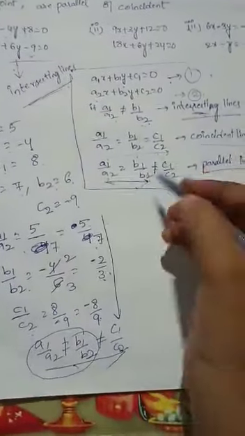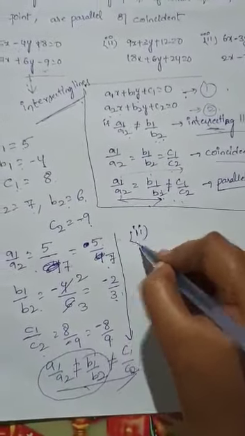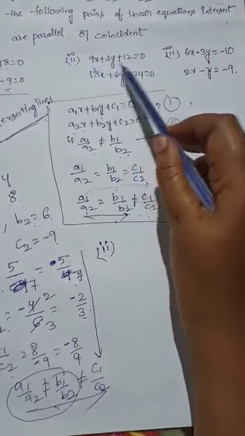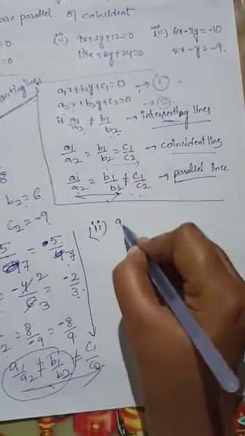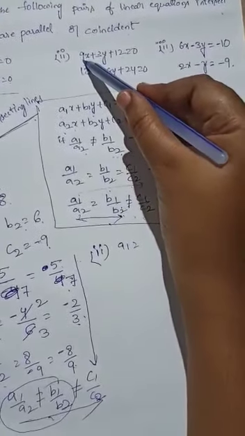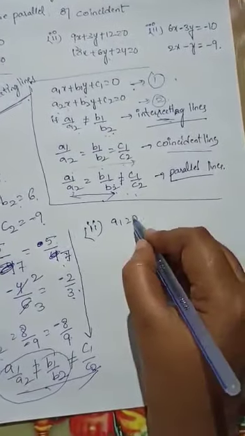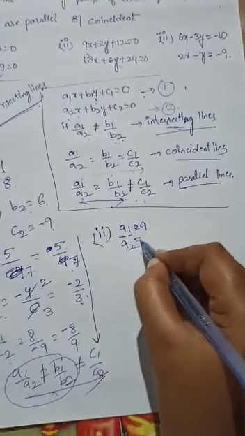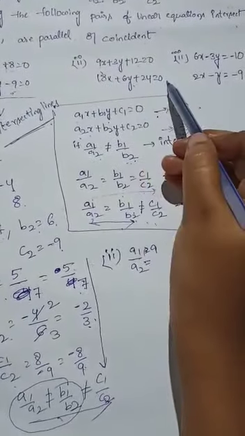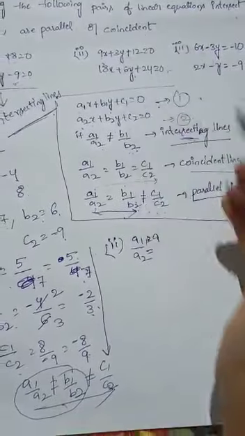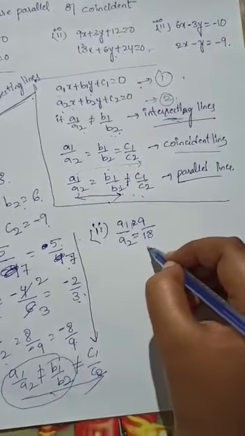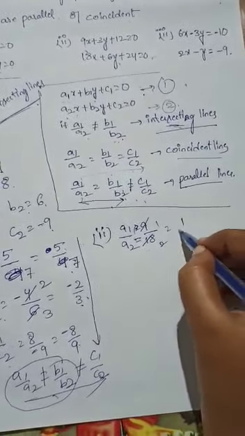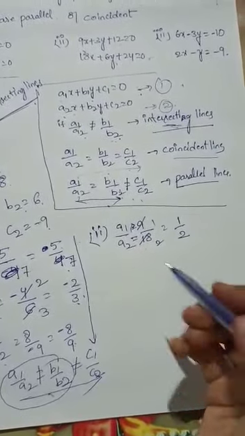Next, second example. See this example. In equation 1 the x coefficient a1 is 9, and in the second equation the x coefficient a2 is 18, so a1 by a2 is 9 by 18, which is 1 by 2.